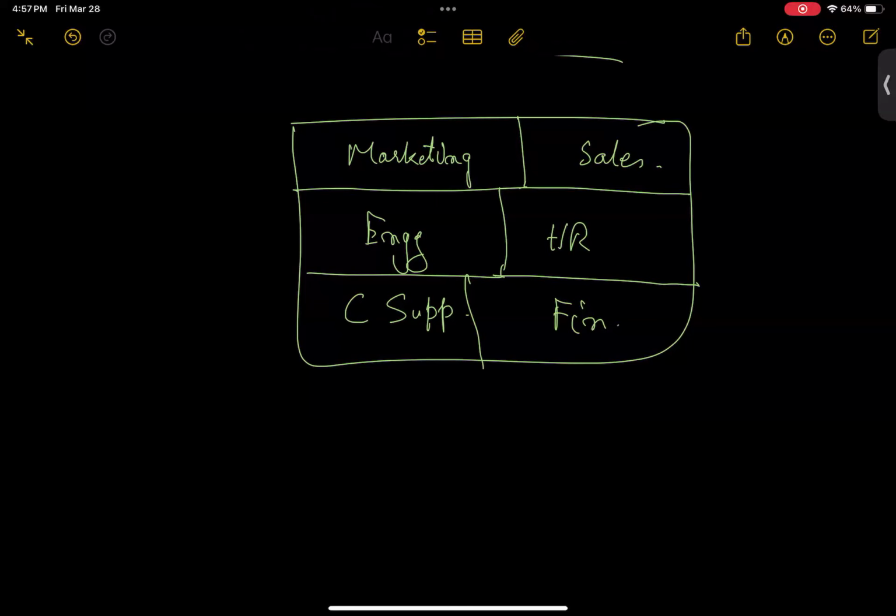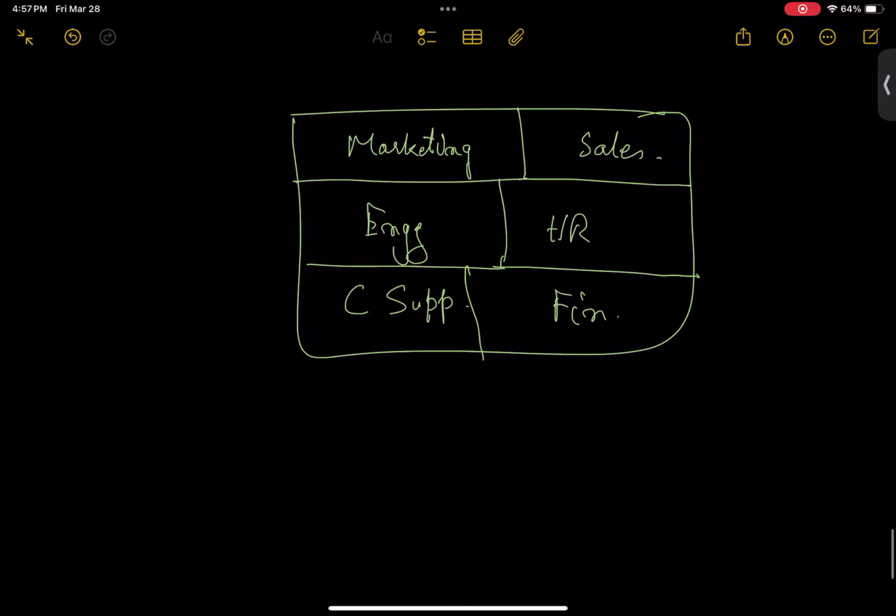It is not possible. Marketing, in order to work, needs some help from engineering. And engineering will need some help from sales. It will get some data from sales. It can funnel that data to marketing. Finance will need engineering's help, and finance might need help from sales in order to build up their funnel.